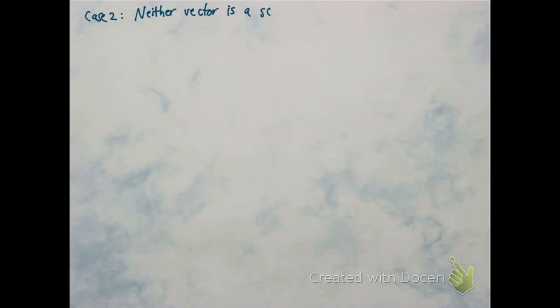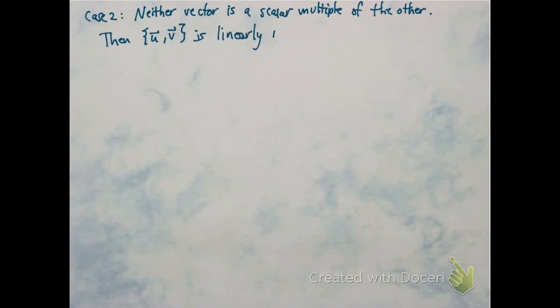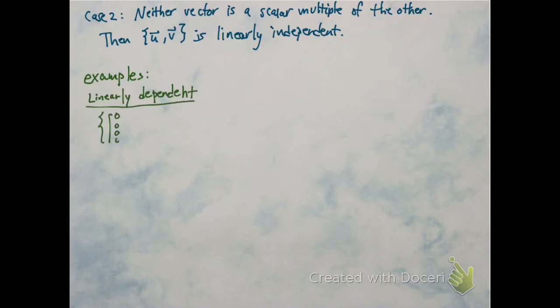Case 2, neither vector is a scalar multiple of the other. Then the set u, v is linearly independent. So now let's take a look at some explicit examples. Linearly dependent sets, well, if I just consider the set with a single 0 vector in it, that's linearly dependent.